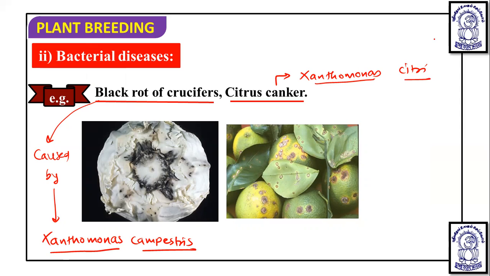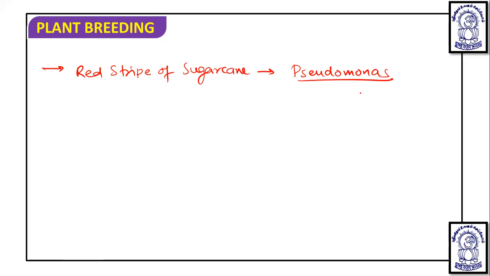Apart from this, another bacterial disorder is red stripe of sugarcane, which is caused by Pseudomonas rubrilineans.